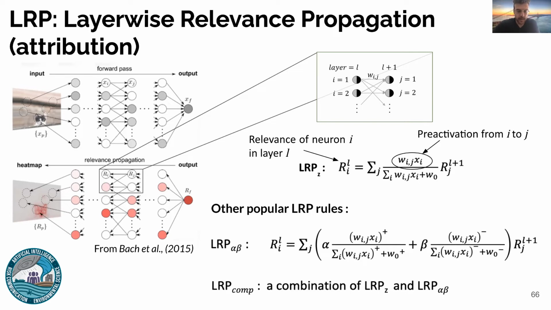That's another rule, LRP alpha-beta. And then I want to also highlight the LRP composite, which is a rule that combines the rule LRP-z and the rule LRP alpha-beta. So these are the three main rules that are very popular when it comes to LRP.